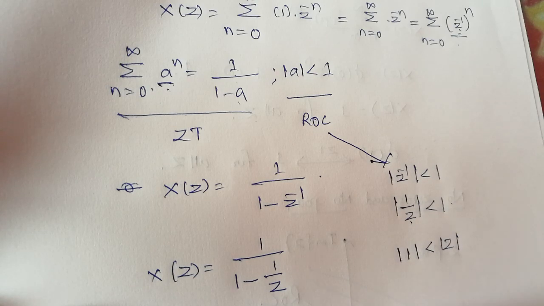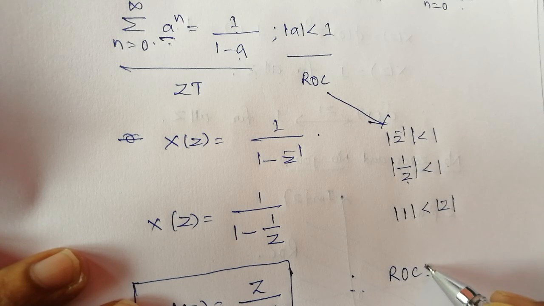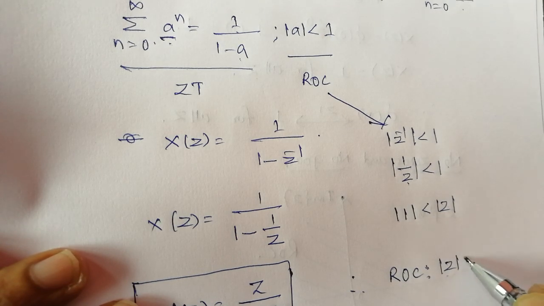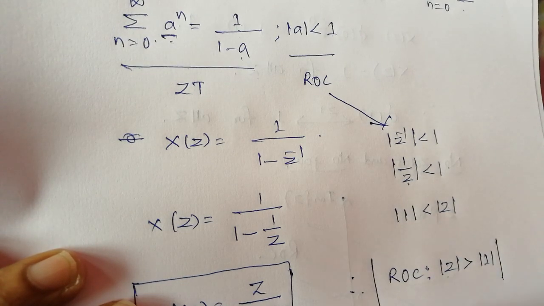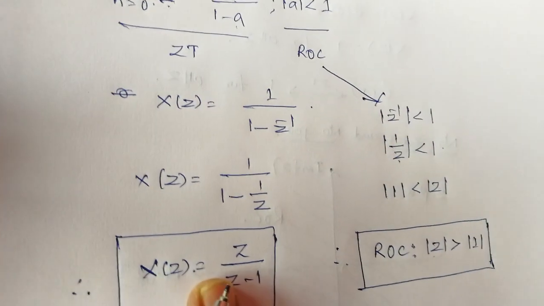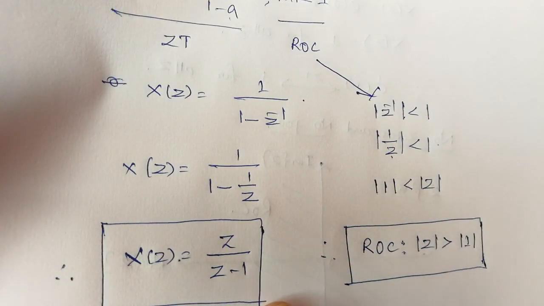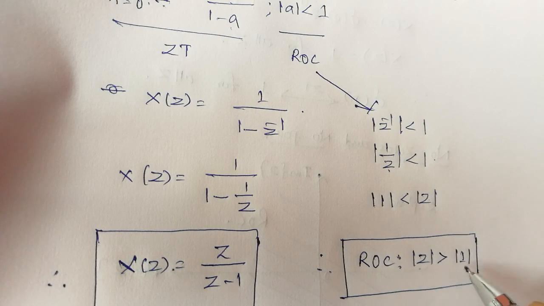Hence the ROC is mod of z greater than 1. So we calculated the Z transform of the unit step sequence, X(z) equals z divided by z minus 1, and the ROC, mod of z greater than 1.